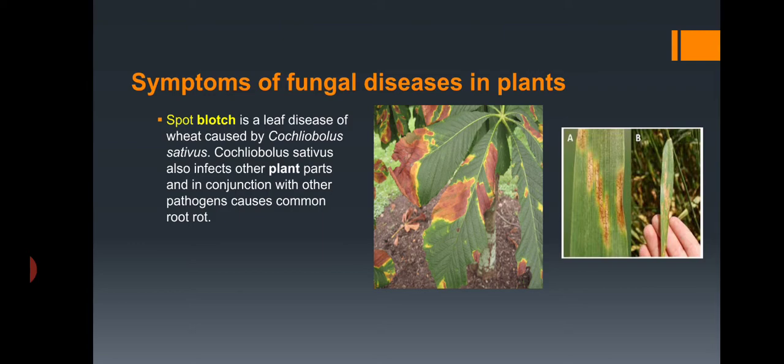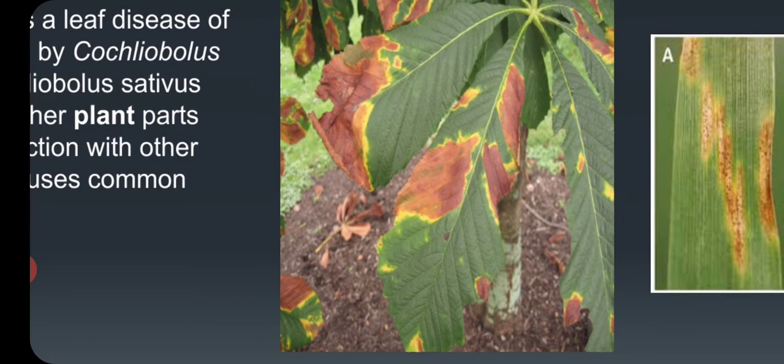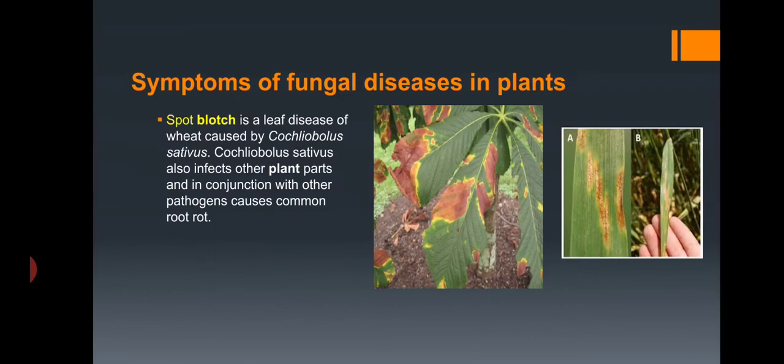Okay. Then if root rot is there, that symptom can be visible on leaves, that is a blotched, dried appearance, and as a result slowly the photosynthetic efficiency may be affected, and the plant dies. That is spot blotch.